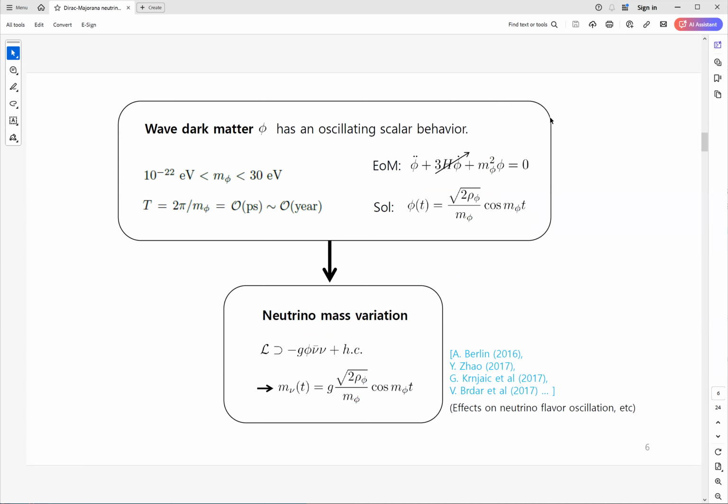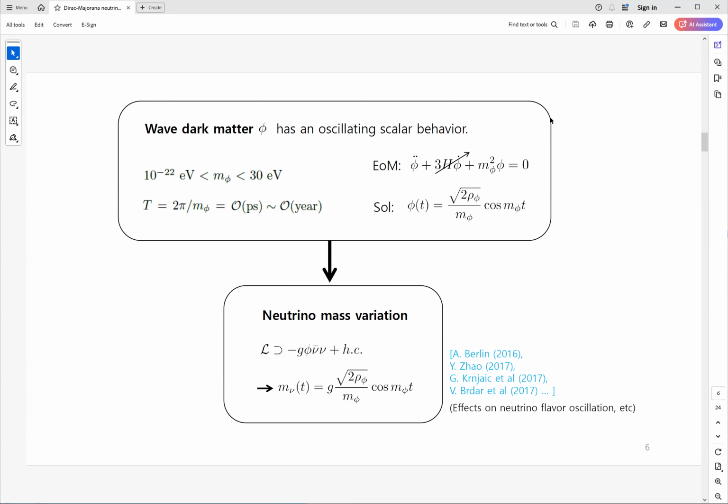Its mass ranges from 10^-20 electron volt to 30 electron volt. The lower bound comes from Lyman alpha constraints, and the upper bound comes from requiring the de Broglie wavelength to be longer than the interparticle separation of dark matter. The corresponding period is picosecond to years, depending on the wave dark matter mass.